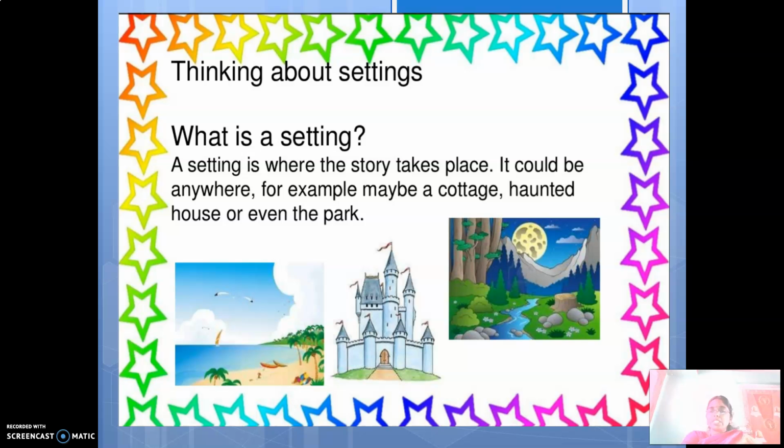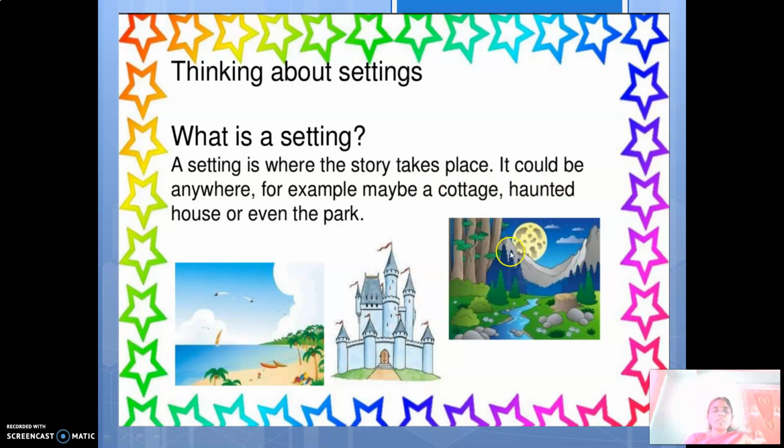Now thinking about settings. So what is a setting, dear? From your 4th, 5th standard onwards, you are learning about settings. Setting is where the story actually takes place. It could be anywhere. For example, maybe a cottage or a haunted house or even a park or a school campus or whatever it is. The place where the story takes place is called setting, right?